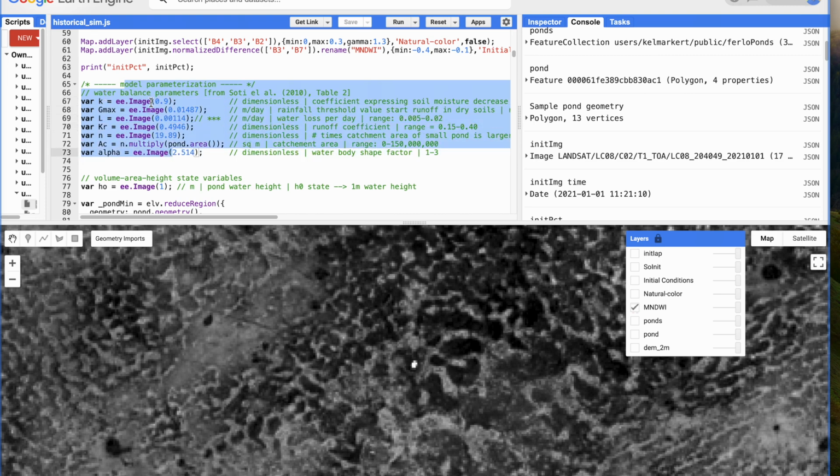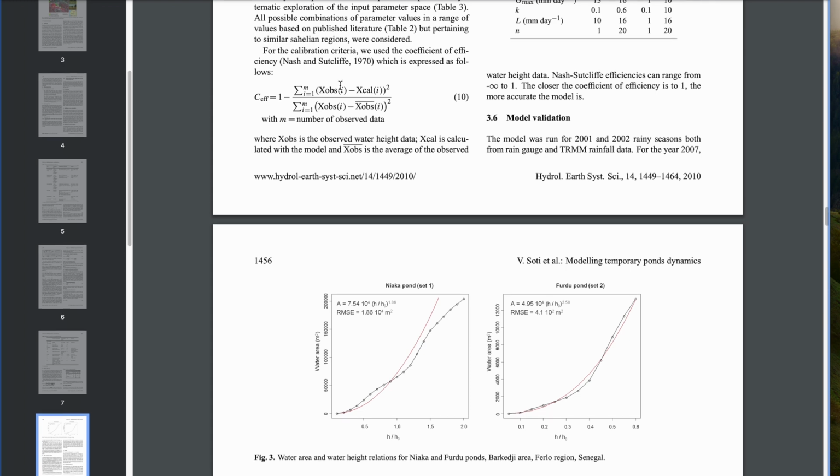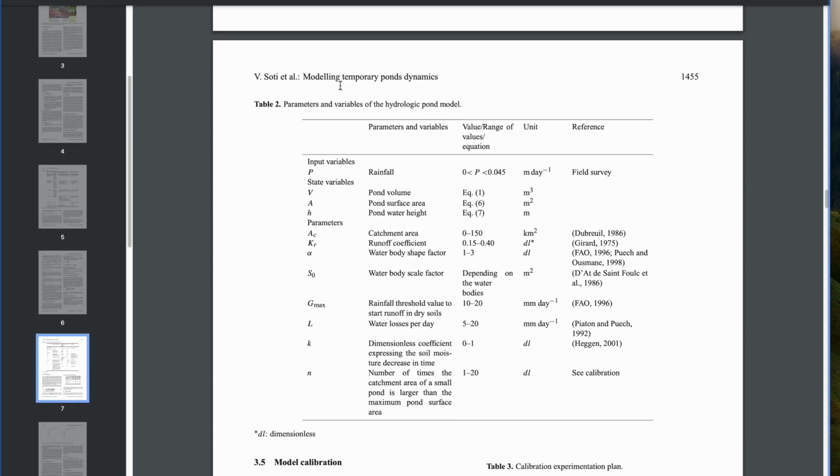These parameters, the water balance parameters, are taken from the Soti et al. paper. I think they tested different values, and based on the values shown over here, we're just translating the same thing into Earth Engine.